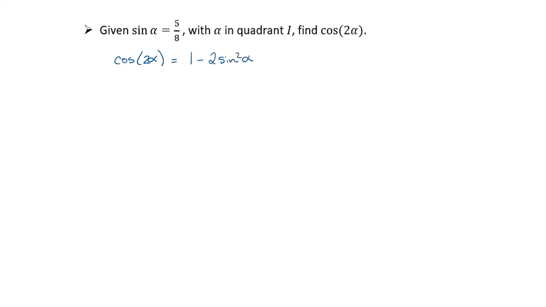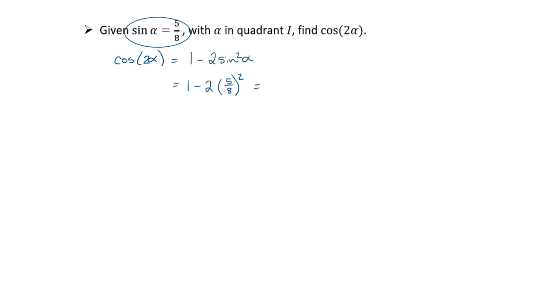I've chosen this version of the double angle for cosine because I know what the sine of alpha is, and this is the formula that only involves the sine. So this is 1 minus 2 times the sine of alpha is 5/8, and that is being squared.